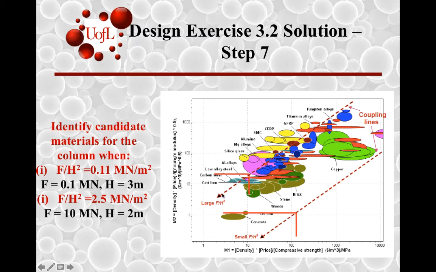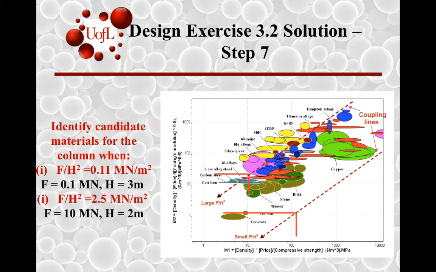On any given line, the lowest lying point represents the lowest cost that satisfies the combination of the two constraints. In one case, we would see that probably a cast iron is the best solution for large F by H squares. For smaller values of F by H square, the cheapest material would be more like a concrete.